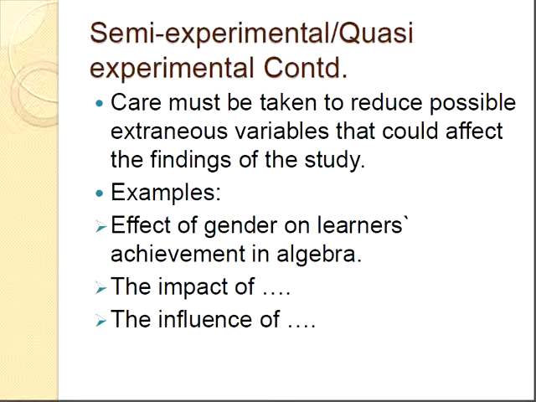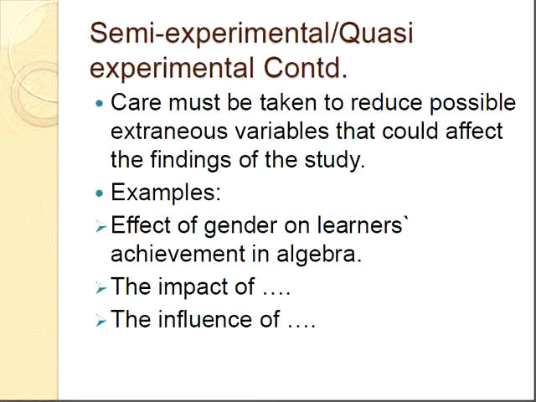While talking about quasi-experimental design, we need to be careful to reduce possible extraneous variables that could affect the findings of the study. Extraneous variables are so many, and right there, I'm going to talk about them after this.